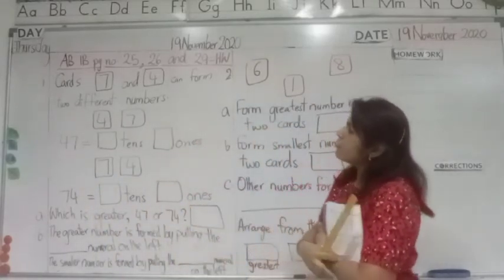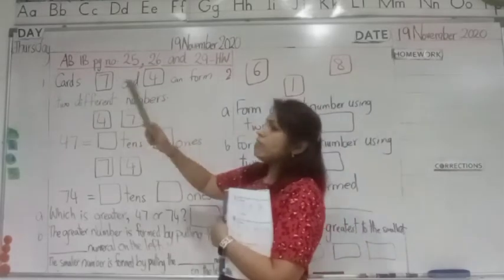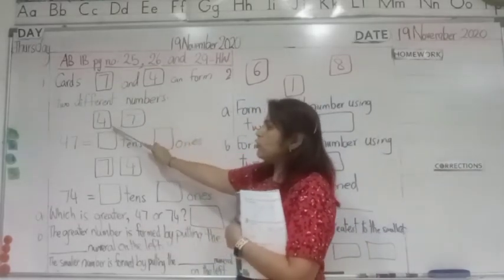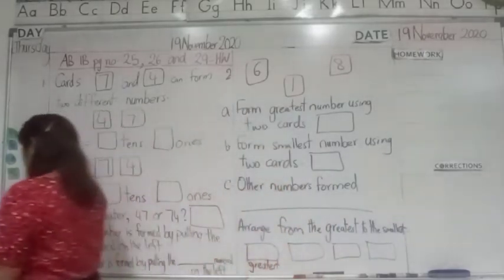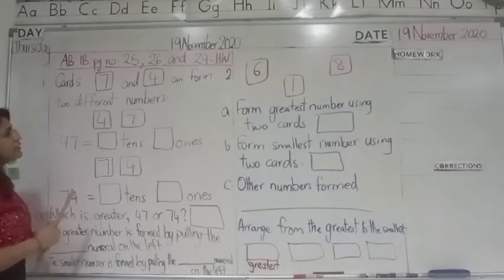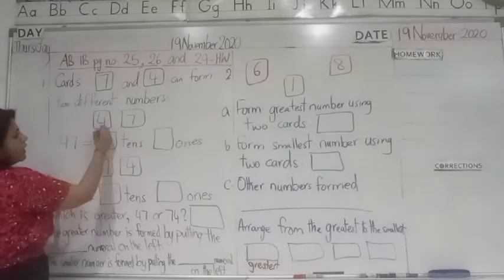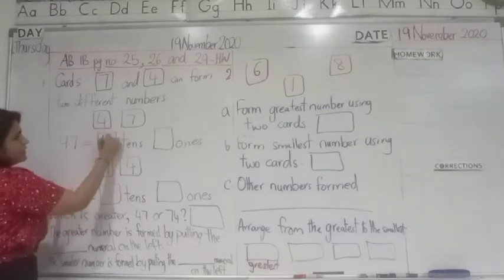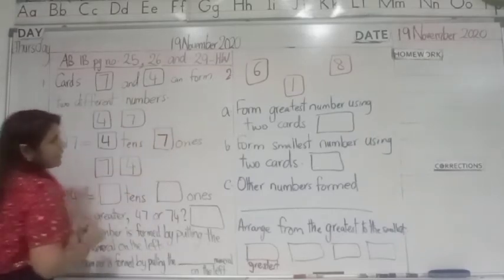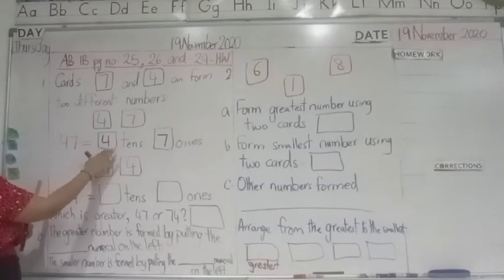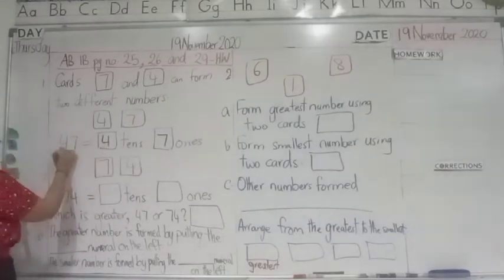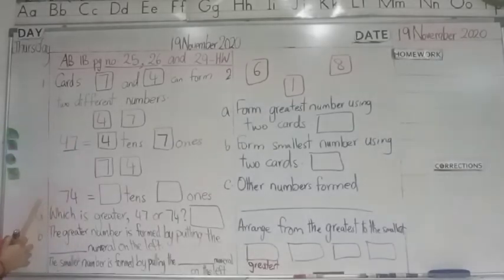If you place, please listen very carefully, the number 4 in tens place and the number 7 in ones place, 4 tens is 40, so it will become 47. So you will get the number 47.